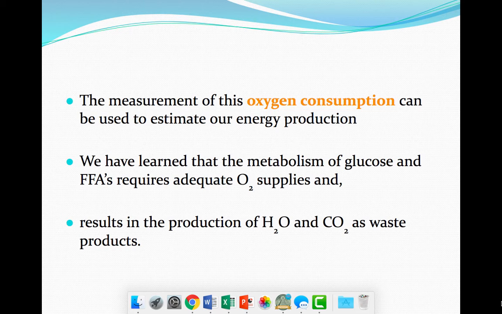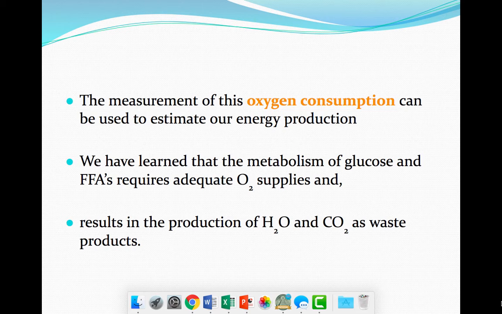I know that doesn't seem like a logical connection right away, but if you understand that in that oxidative metabolic pathway, oxygen is required in the electron transport chain to accept the hydrogens, then you can see that if we're doing more of that pathway by doing more or more intense physical activity, then oxygen consumption is going to increase. So we can look at oxygen to estimate the amount of energy that we are producing.